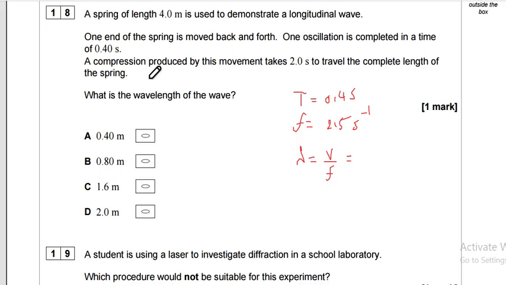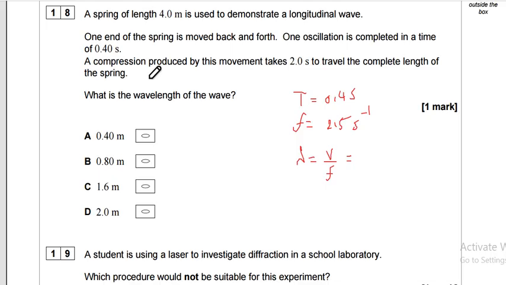Okay, so compression or rarefaction, or if it is a transverse wave, peak or trough, any part on the wave covers the same distance as any other part.